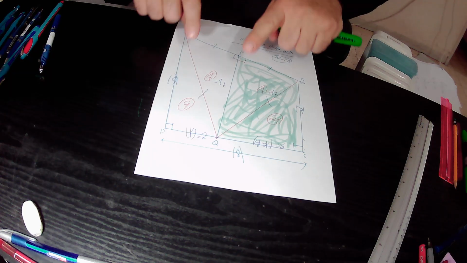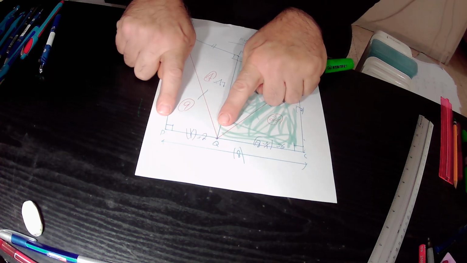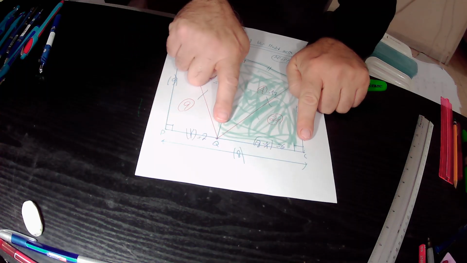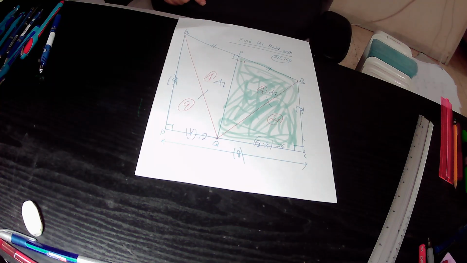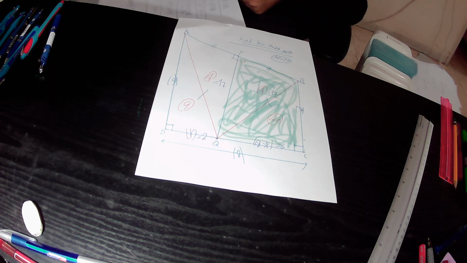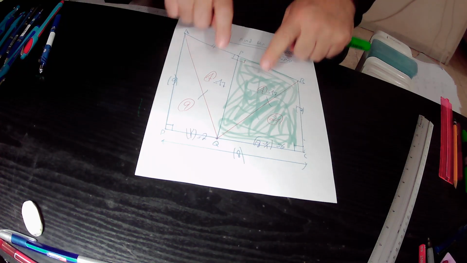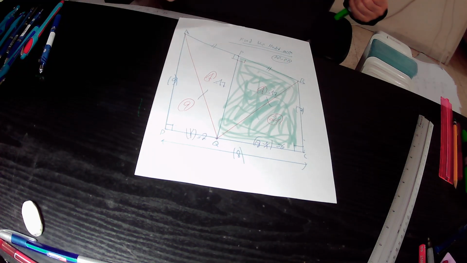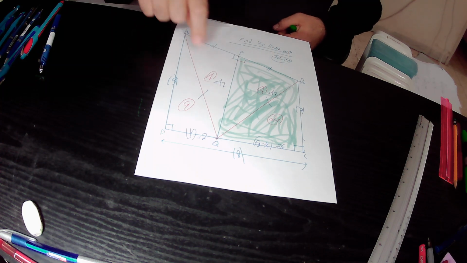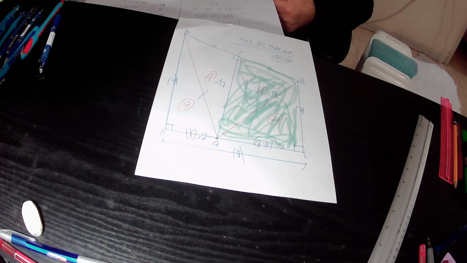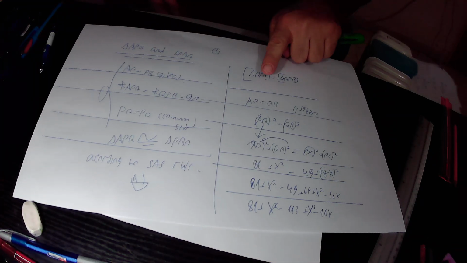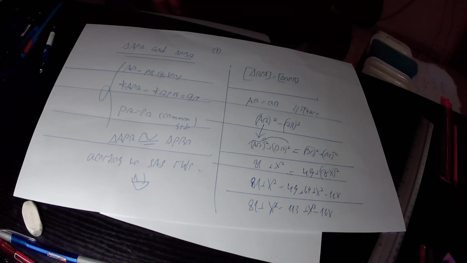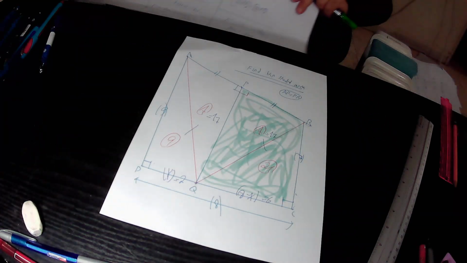So we defined the length of DQ as X, therefore the whole side minus DQ, that is QC, must be equal to 8 minus X. And because those two triangles are congruent, we have that BQ equals AQ, according to the rule that corresponding sides in congruent right triangles are equal to each other.